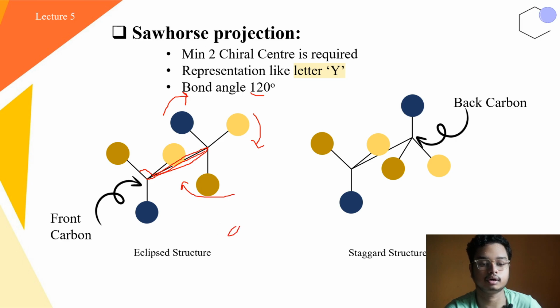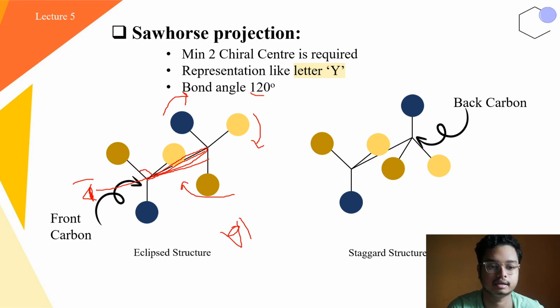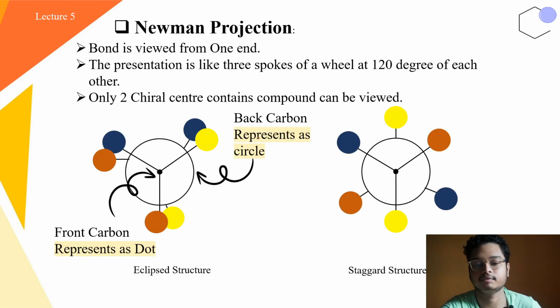In the Newman projection, we observe this particular center from this end, through the C-C bond, and the representation is something like this: the front carbon is represented by a dot and the back carbon by a circle, and here we can see the eclipsed and staggered structure difference.